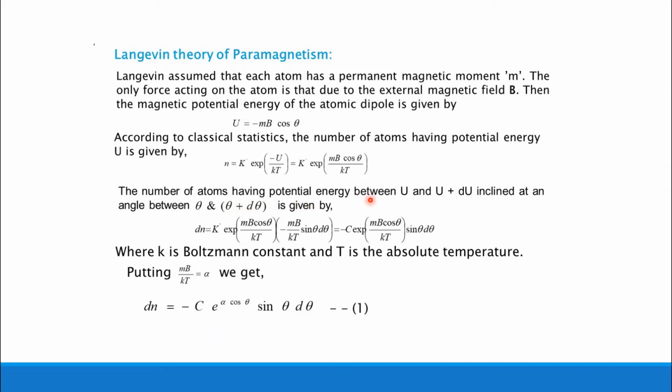The number of atoms having potential energy between U and U + dU, inclined at an angle between θ and θ + dθ, is given by dn = k e^(mB cos θ/kT) dU. Differentiating U gives -(mB/kT) sin θ dθ, so dn = -c e^(mB cos θ/kT) sin θ dθ, where k is the Boltzmann constant and T is the absolute temperature. Putting mB/kT = α, we get dn = -c e^(α cos θ) sin θ dθ, equation 1.